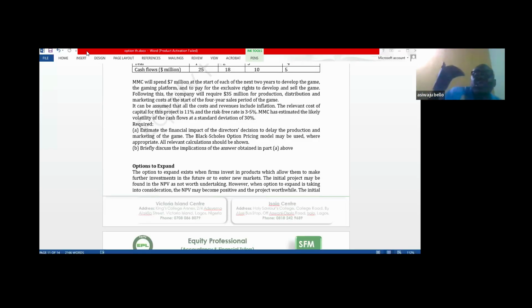When the option to expand is taken into consideration, the net present value of the project may become positive and the project becomes worthwhile.